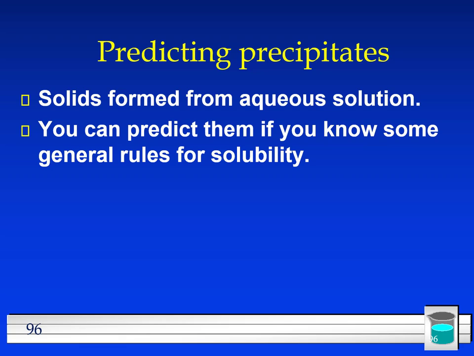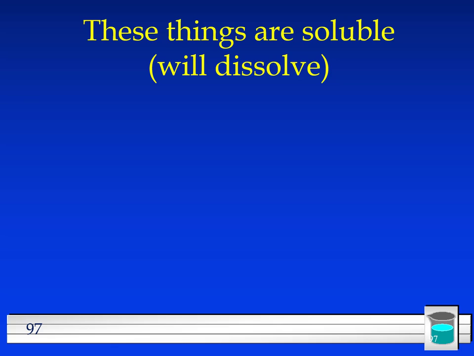You just have to be able to apply them. These things are soluble, able to be in solution. It doesn't say solid, it says soluble. So able to be a solution. Not able to be a solid, able to be a solution. Soluble. These are things that will dissolve. These are the things that will not make precipitates.